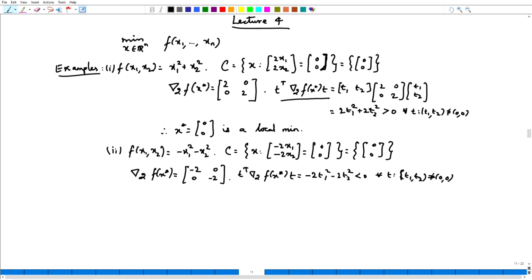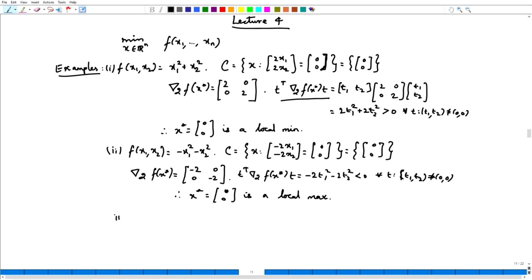Okay. So, for any non-zero T, you get T transpose del 2 f of x star T is negative. Okay. So, what this tells us is that x star equals 0, 0 is a local max.